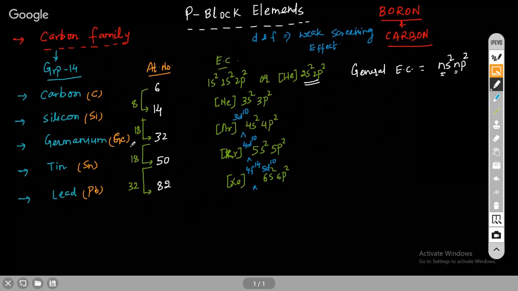Then 4s2 4p2, fourth, fifth, and then sixth. Now with this electronic configuration, the trends we want to discuss, first of all, we'll discuss oxidation state.